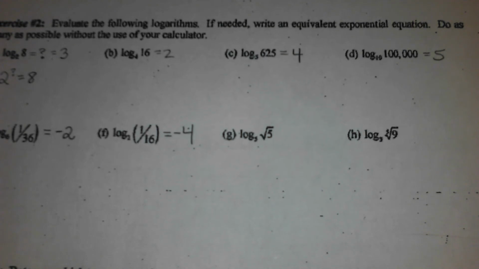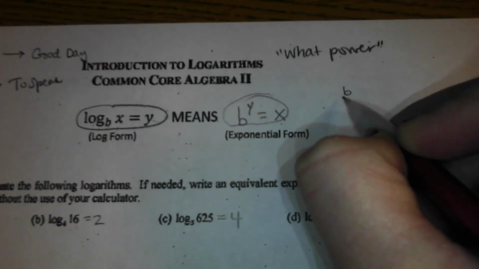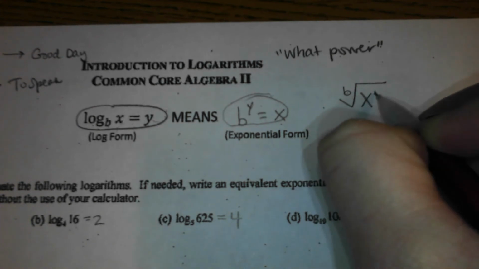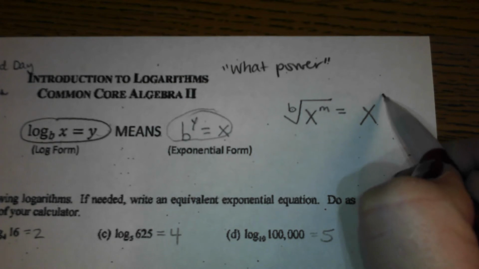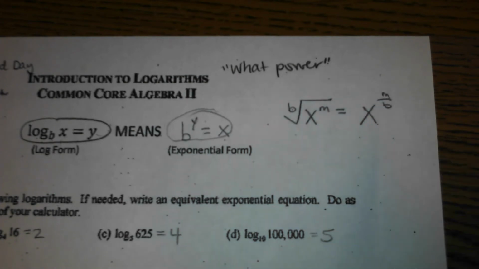5 to what power is the square root of 5? We know fractions make negative exponents. Radicals are what kind of exponents? We have a flashcard that says the b root of x to the m is the equivalent of x to what power? M over b, right?